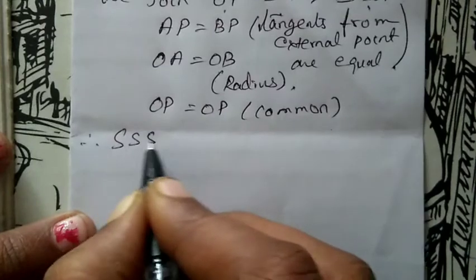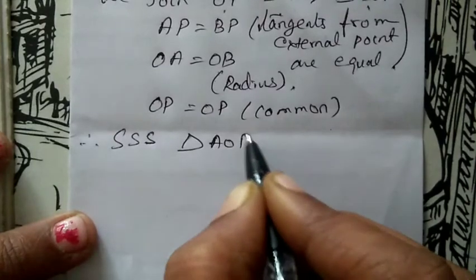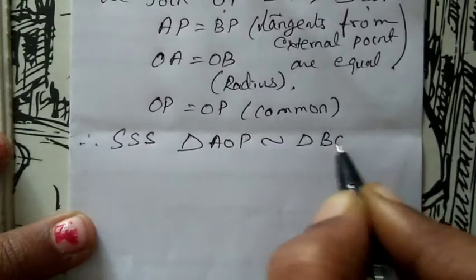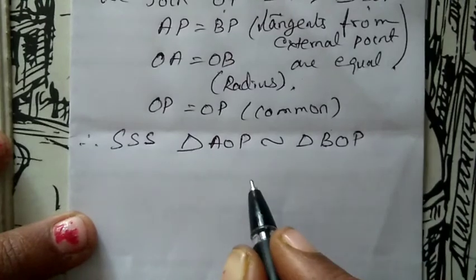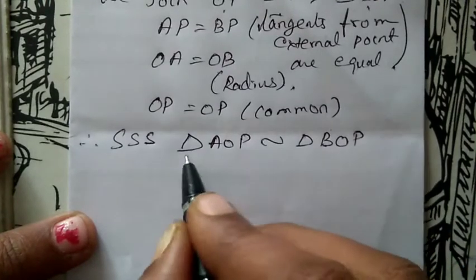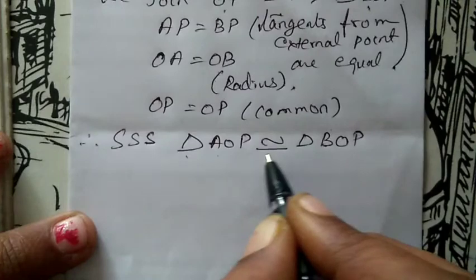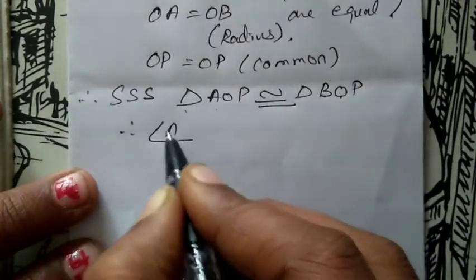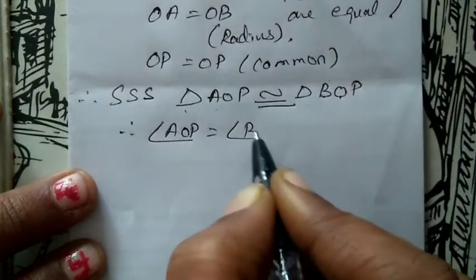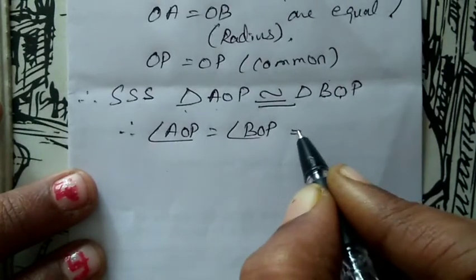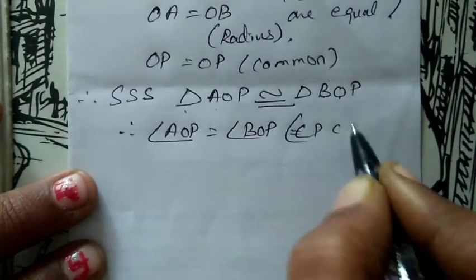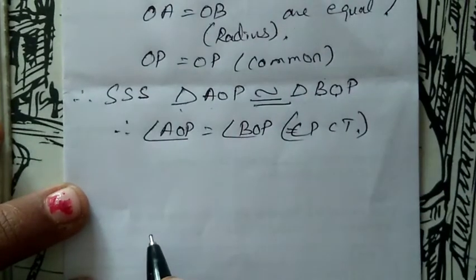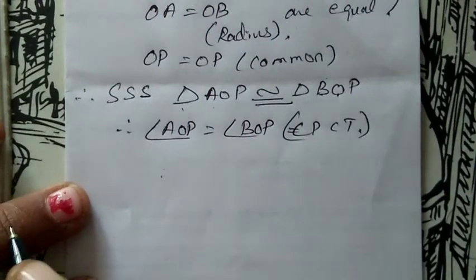Therefore, by SSS, triangle AOP is congruent to triangle BOP. So angle AOP is equal to angle BOP by CPCT. So we have proved the first subdivision.